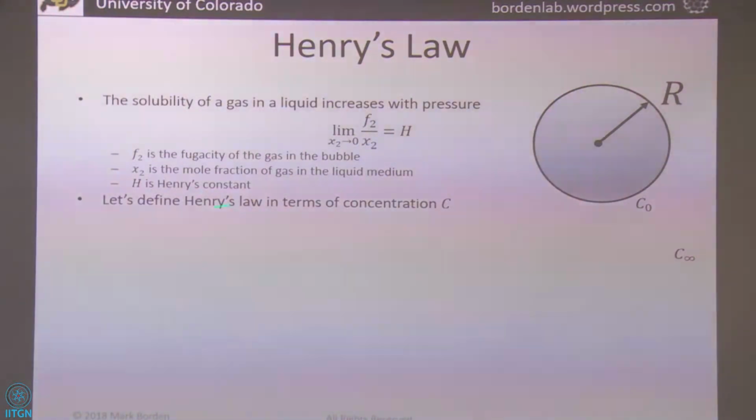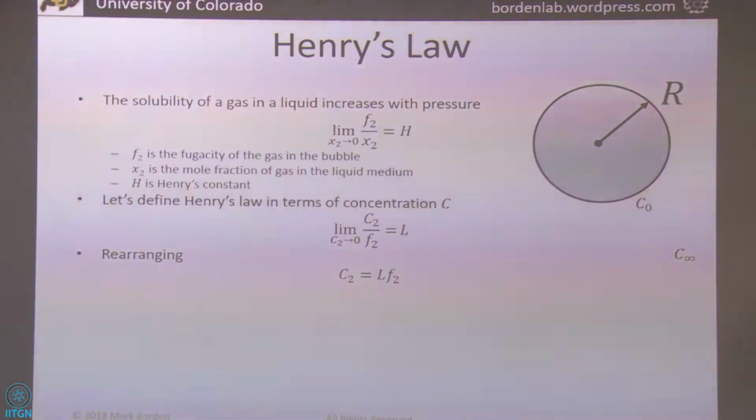So let's define Henry's law in terms of a concentration C, because that's what we had in the mass balance equation. And if we do that, instead of H, we call this L. So if we rearrange and solve for C sub 2, we get L times f sub 2. I didn't talk about it, but there's a limit here. The limit is that the mole fraction goes to 0.